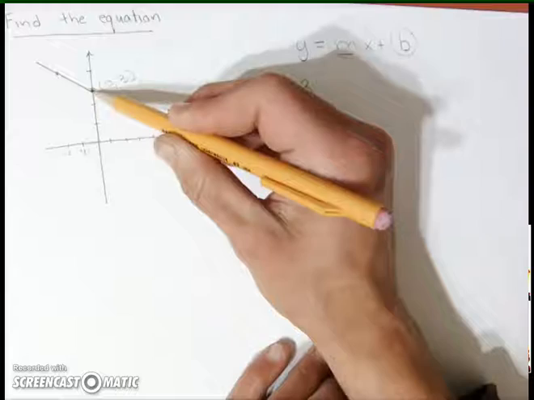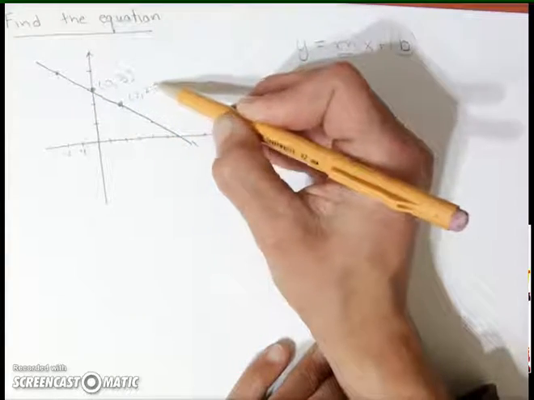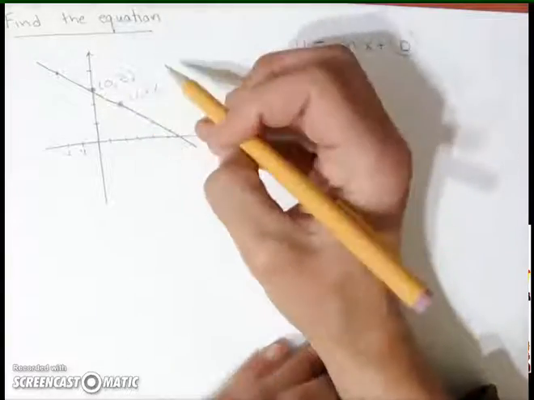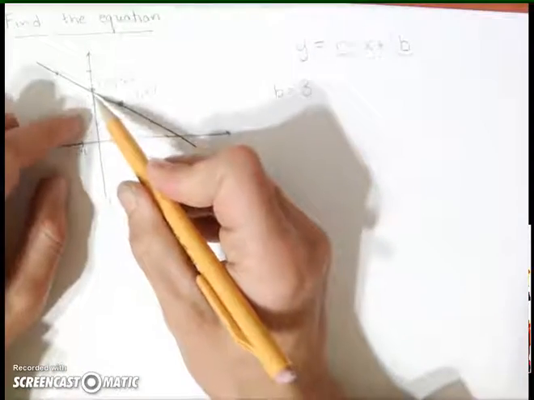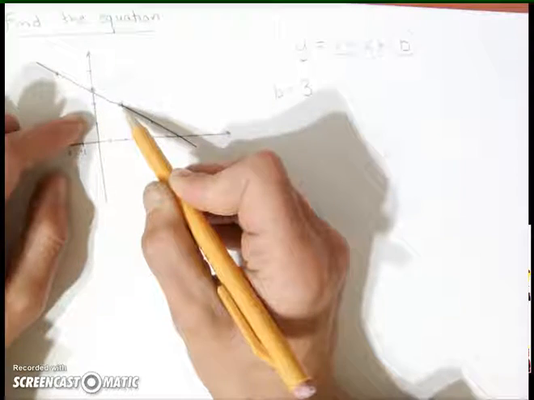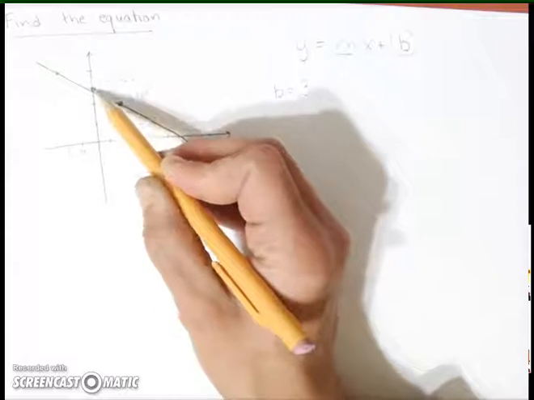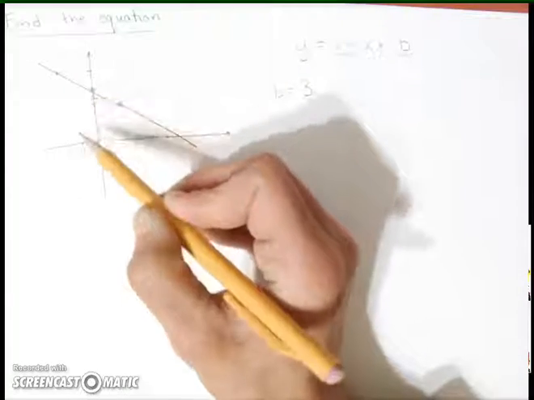M, well, I can figure m out by taking 2 points on the graph. So I've got 0, 3. This one looks like 2, 2. And I need to figure out how far I step down for every time I step over. So this one, if I just step over 1, I don't end up at an integer stepping down.